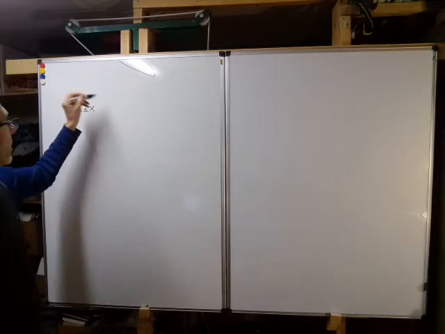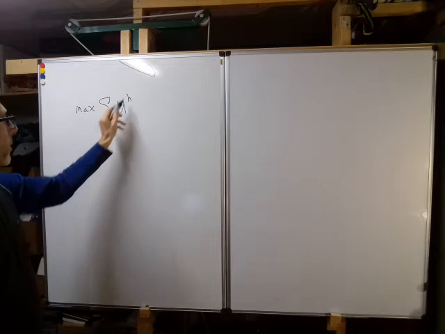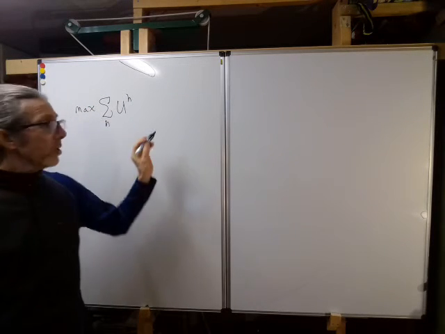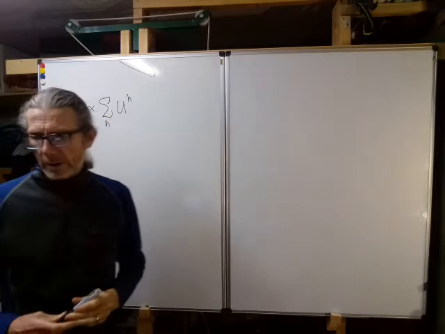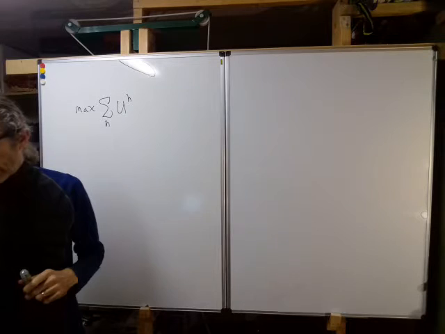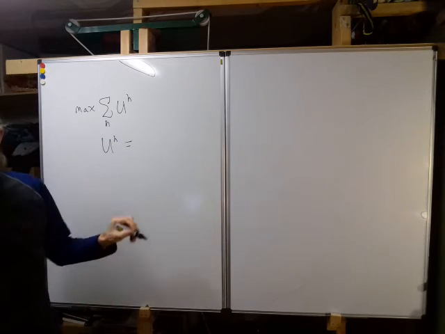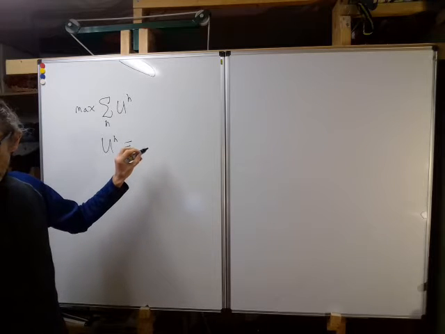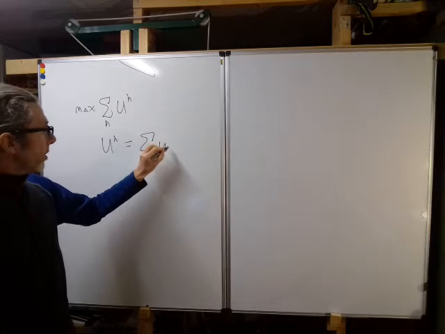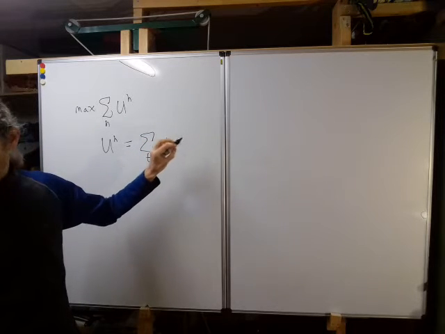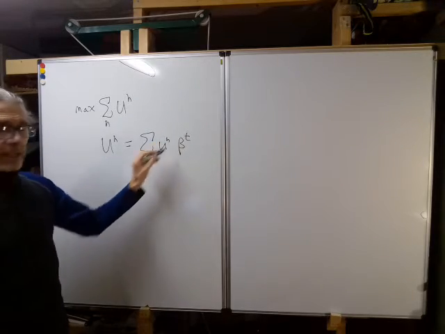maximize, for instance, the sum over all households of U^H, where U^H is the utility of each household, indexed by H. And then what is U^H? That could be the sum over time of little u^H times beta to the t, where beta is a discount factor.